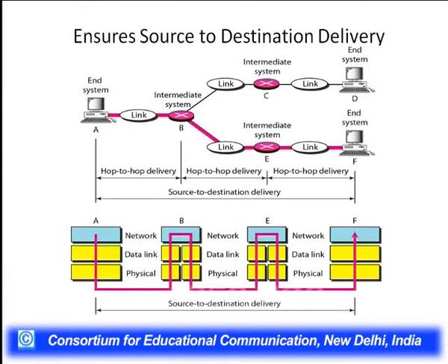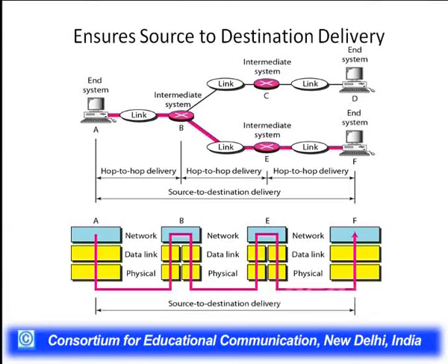In this slide, like in the data link layer, we see the delivery, but here the delivery is from source to destination rather than hop to hop. This slide shows computer A sending a packet to computer F. The intermediate devices marked by crosses are actually routers.